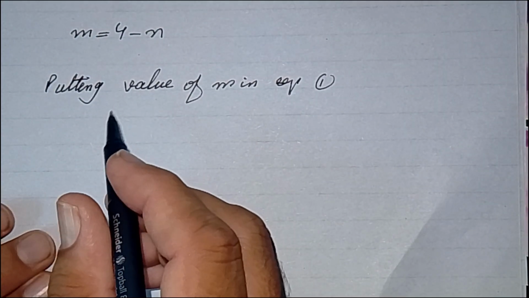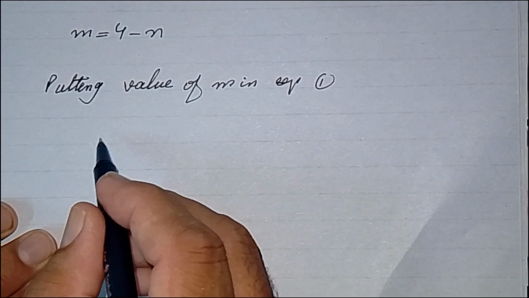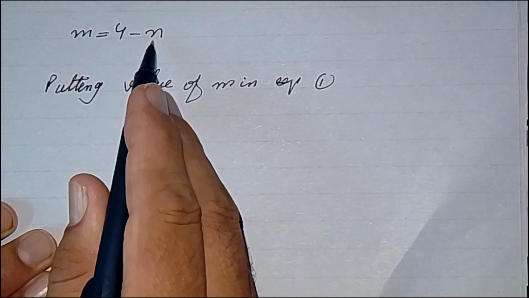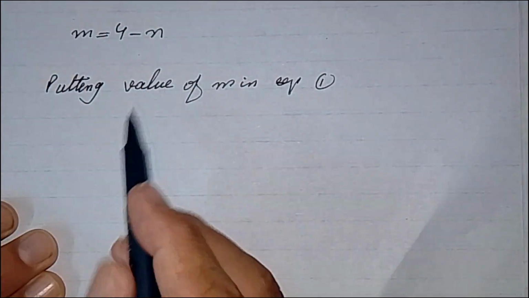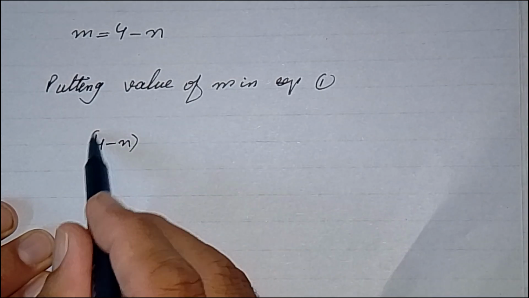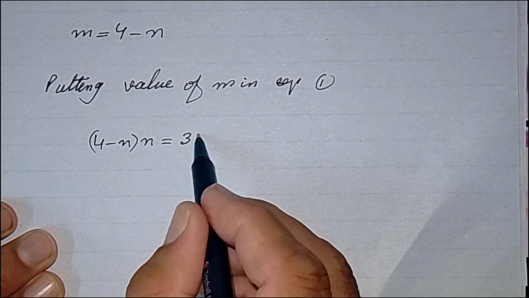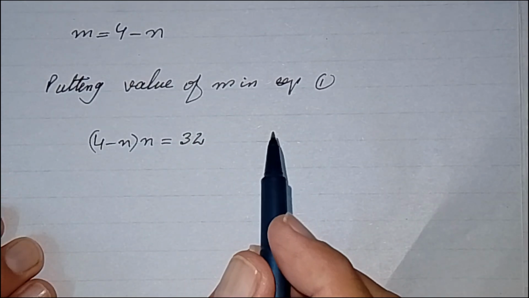Equation 1: m is equal to 4 minus n, so (4 minus n) into n is equal to 32.